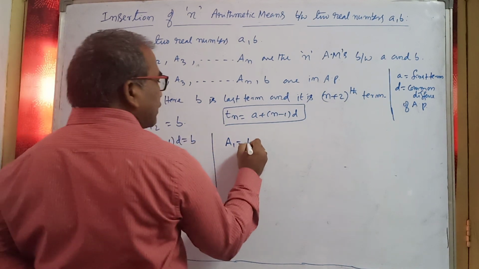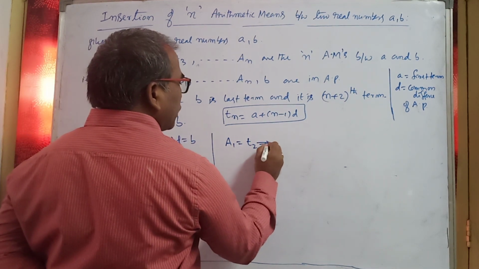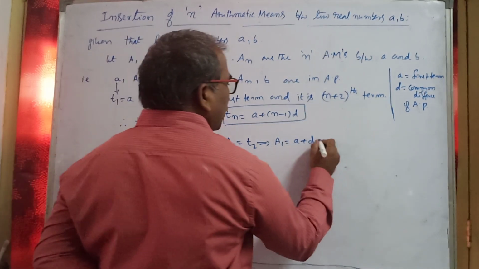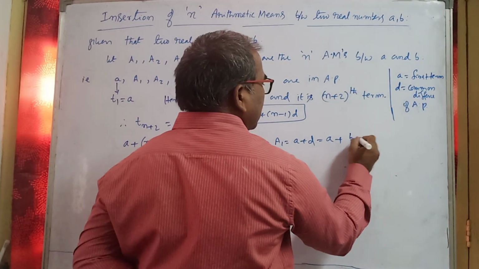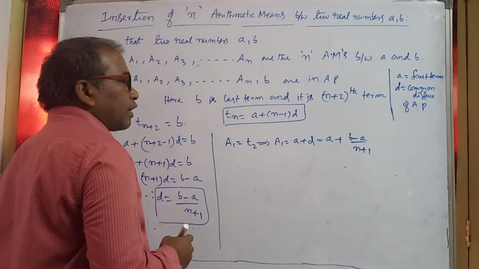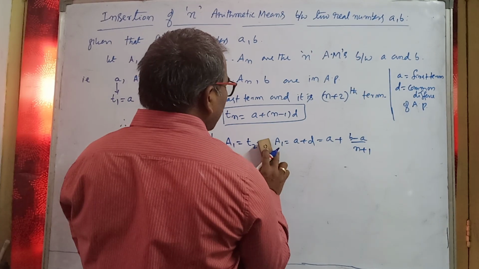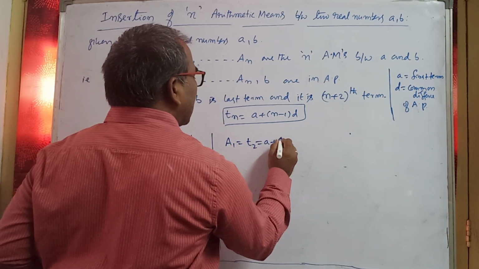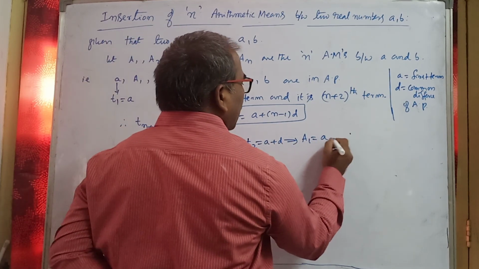Second term means A plus D. So A1 is equal to A plus D, where D is (B minus A) by (n plus 1).